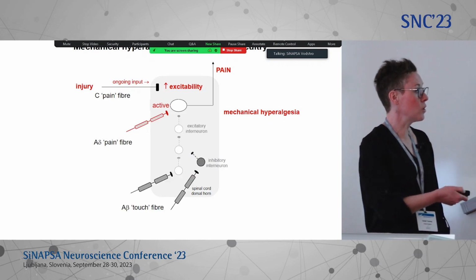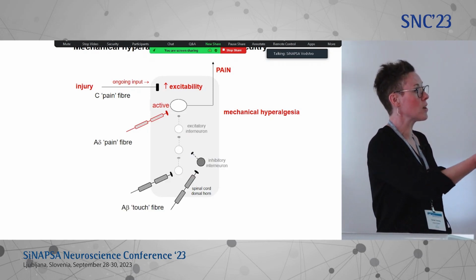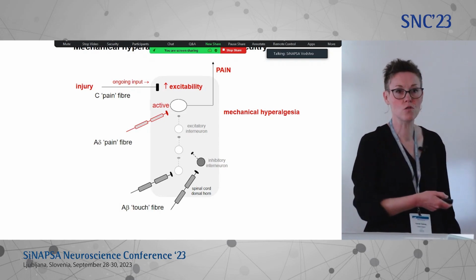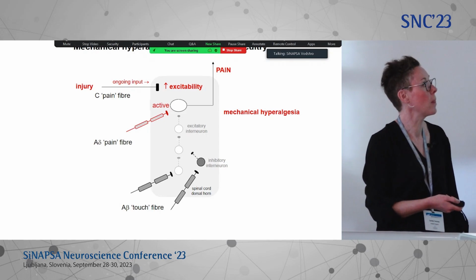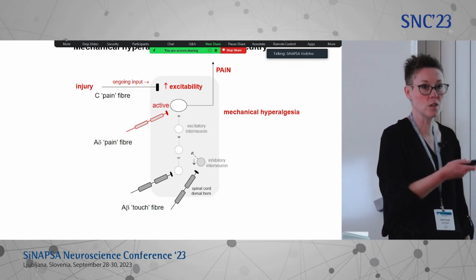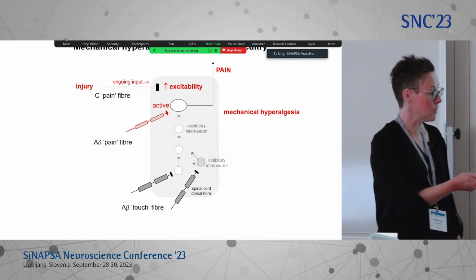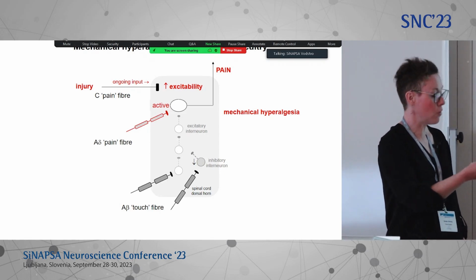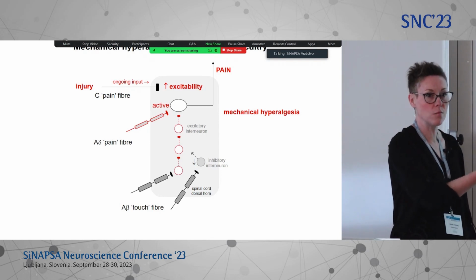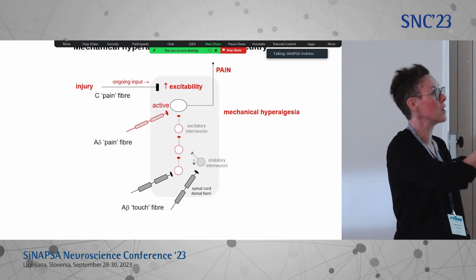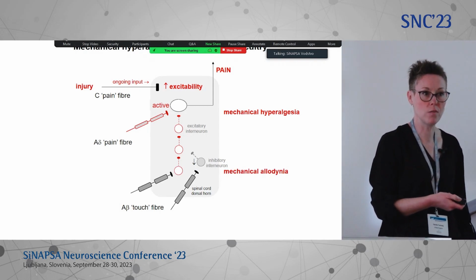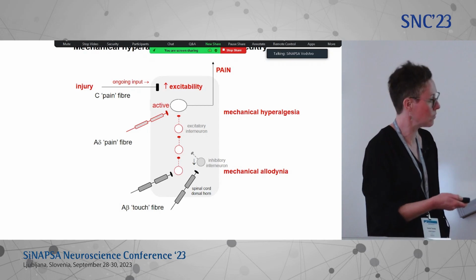I've also shown you that there is this A beta drive to the projection neurons that's normally under strong inhibitory control, but that following injury, when that inhibition is compromised and there's a strengthening of excitation, that allodynia circuit is unmasked so that touch information can be carried in these pathways. And that may be relevant for mechanical allodynia.